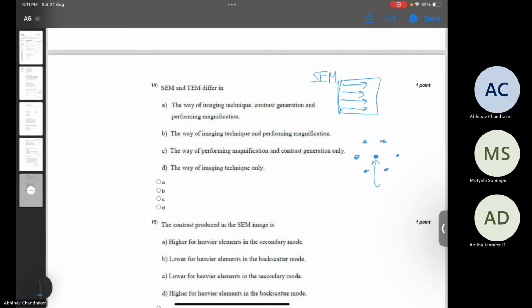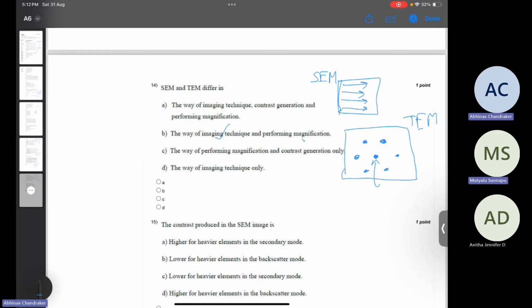So we have this kind of diffraction pattern that we get on the screen in TEM, and in SEM we get just the rastering related image formation. So the imaging technique is different.